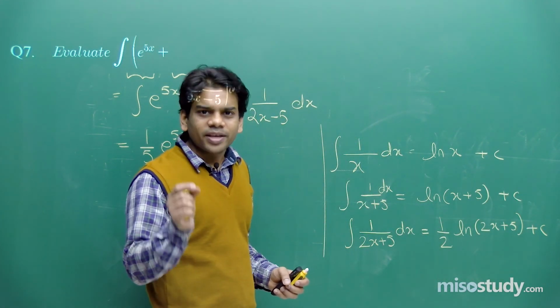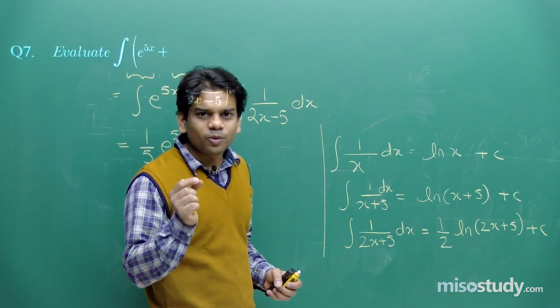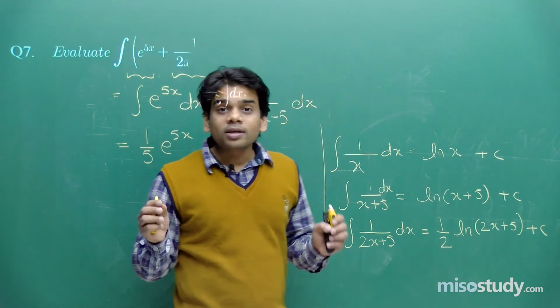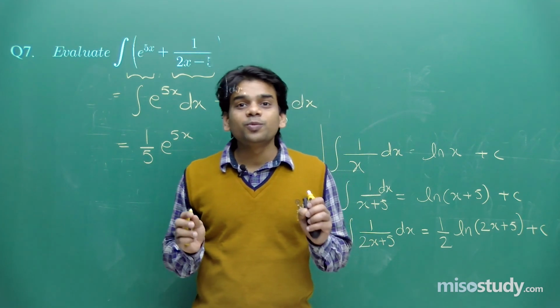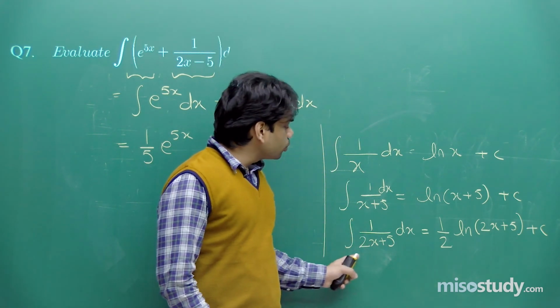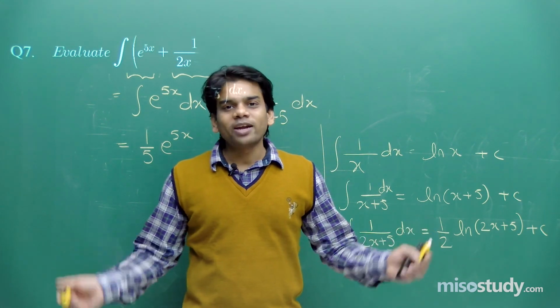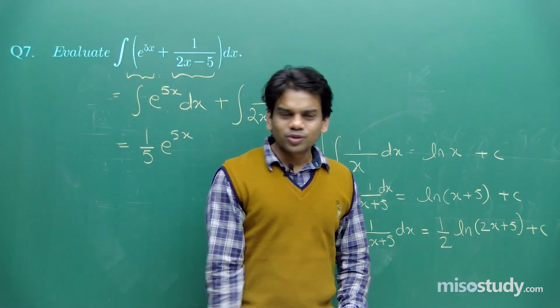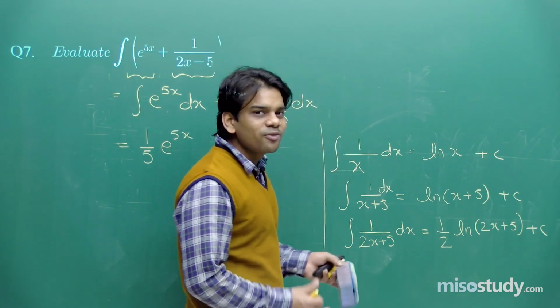I believe the things will become clear to you with every step. And if you want satisfaction, you can do the same problem by assuming 2x plus 5 as u, finding the value of dx, that will be 1 by 2 du, and solving every step.